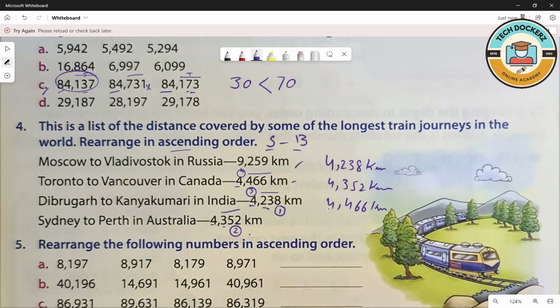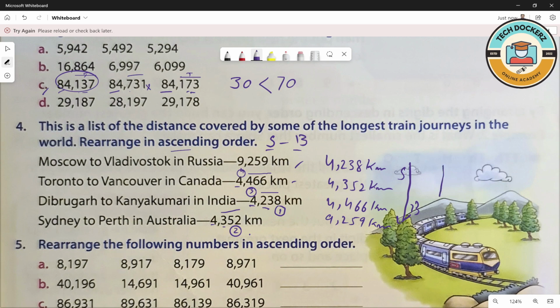And the last, fourth number is 9259 kilometers. So this is our ascending order, from smallest to biggest number. If this question changes in the exam, and it says write down or rearrange in descending order, so what will happen?